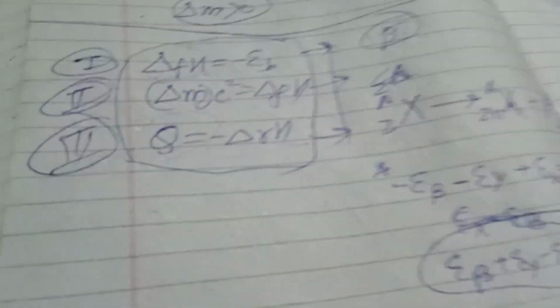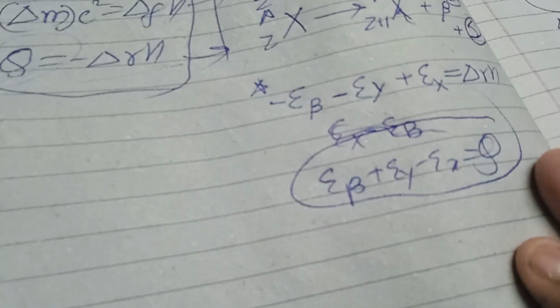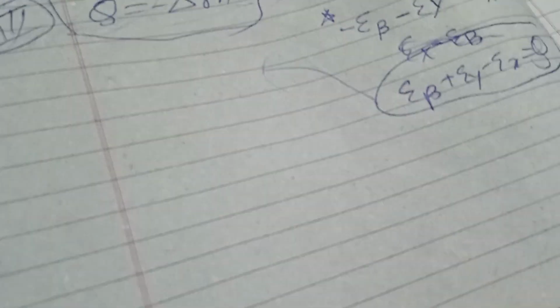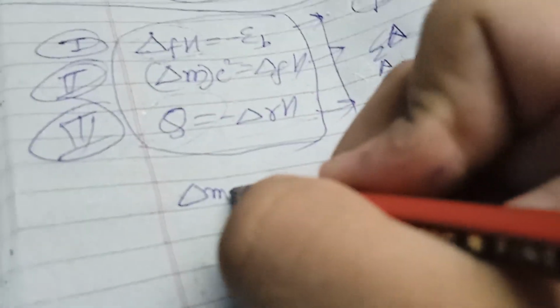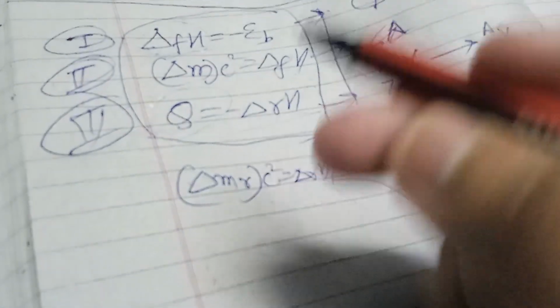This is product minus reactant, but I don't want you to learn anything else other than these three laws. Now in terms of mass, if you can relate, we can directly write them in this form, or we can directly use delta m c square as delta fH, so delta m of reaction c square is delta rH, as we can say.